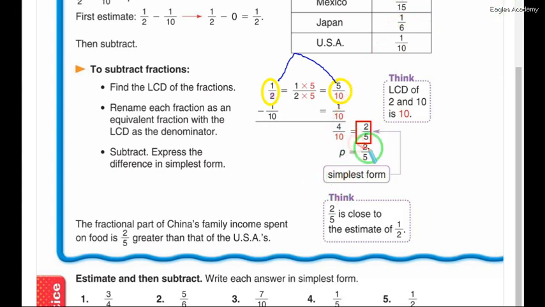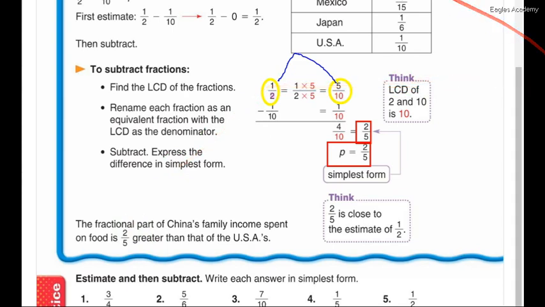And P, which is the difference between the fractional parts of China and USA, is 2 out of 5. So the fractional part of China's family income spent on food is 2 out of 5 greater than the USA's.